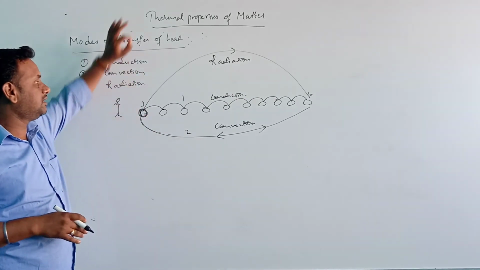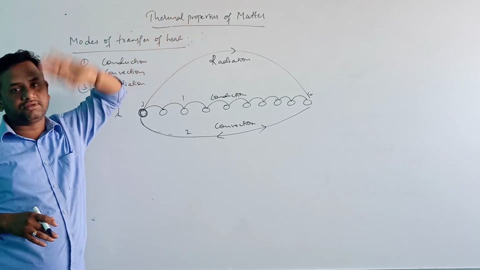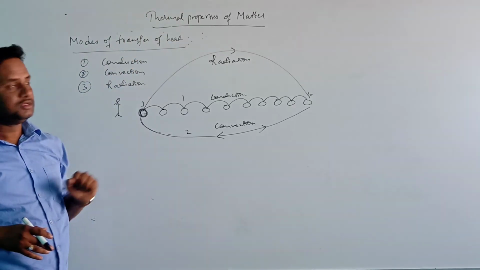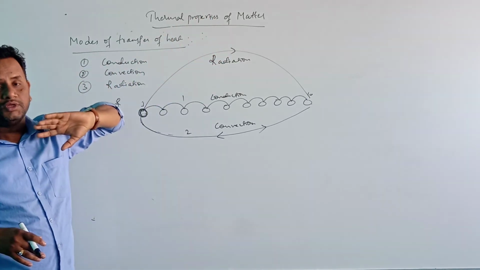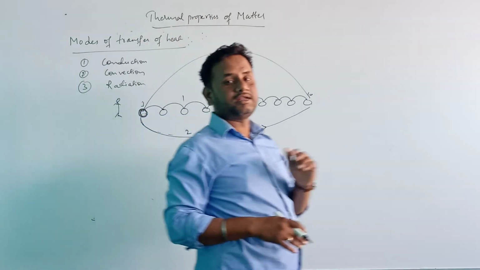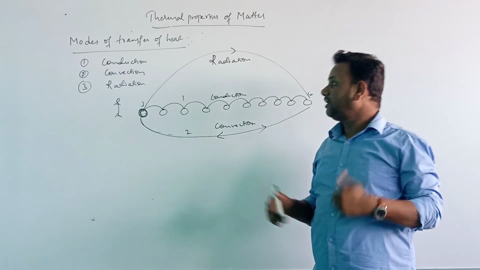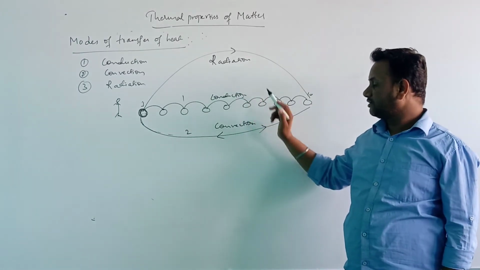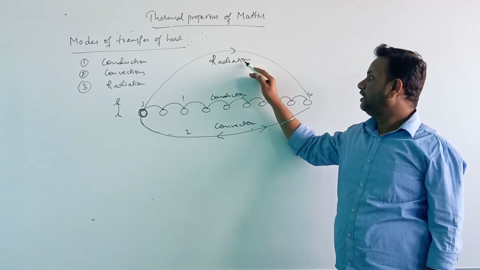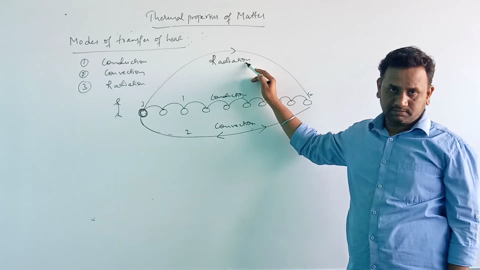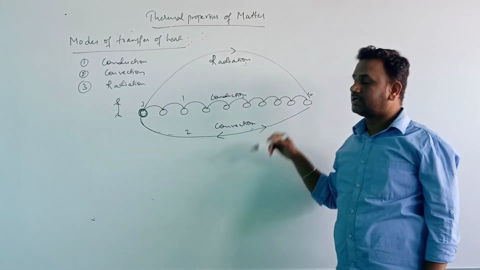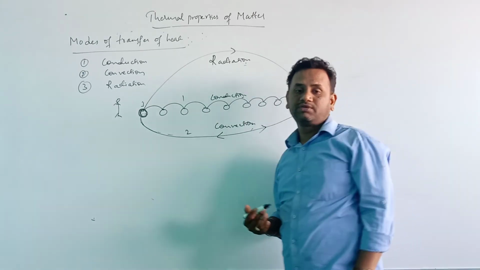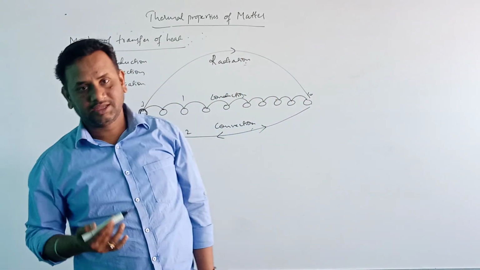So this is the third method by which he can transfer that apple to the last boy. That mode is called radiation. So in this way, the heat can also be transferred in three modes: conduction, convection, and radiation. These are the three modes of transfer of heat.